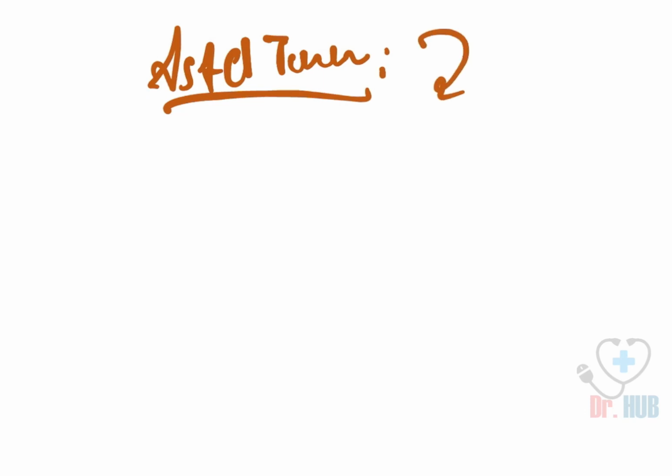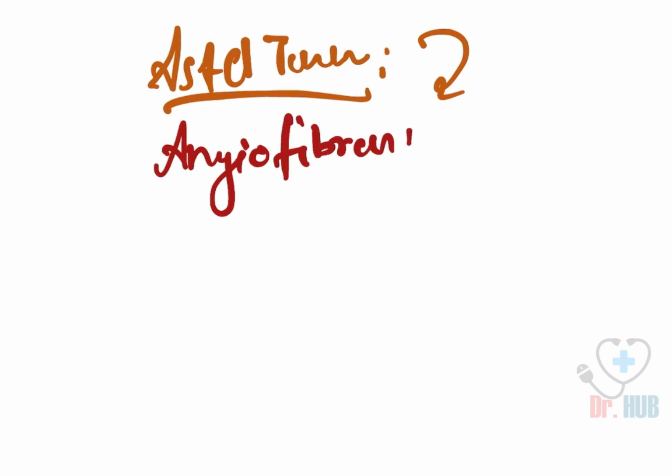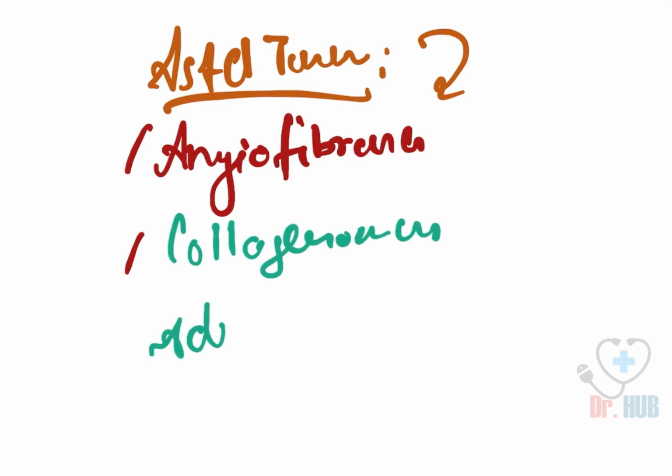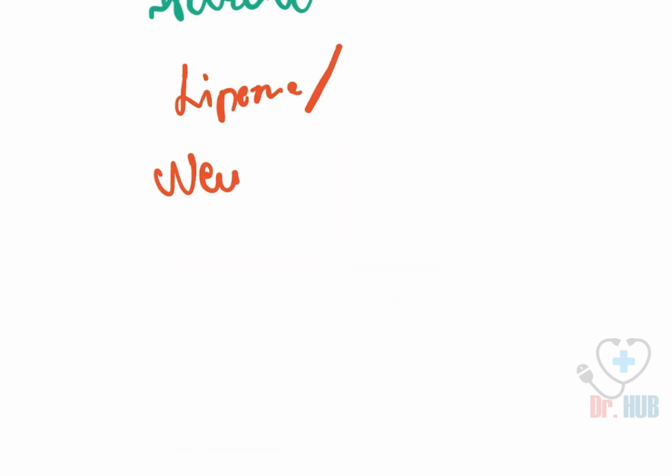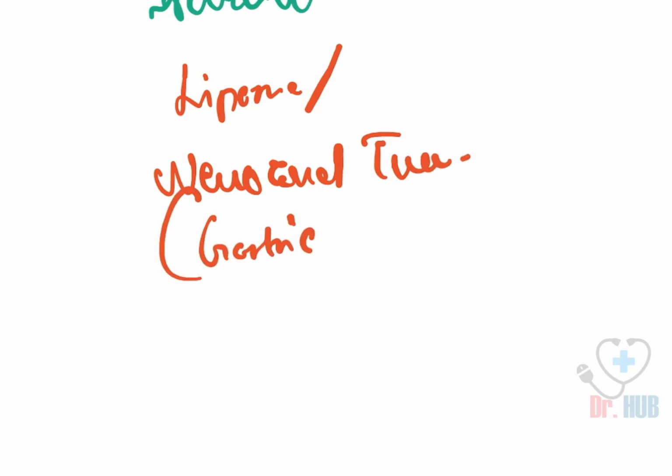Next, we move on to the associated tumors. The associated tumors include angiofibroma, cholangiomas, adrenal cortical tumors, the lipoma, neuroendocrine tumors, which include the gastric, thymic, as well as the lungs.